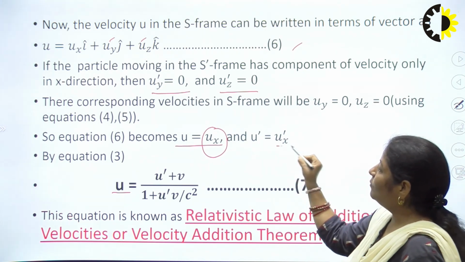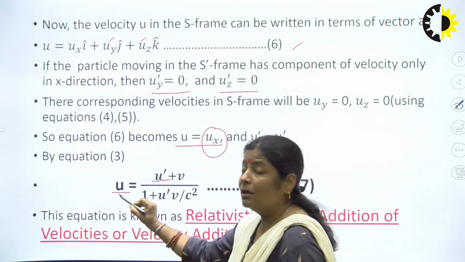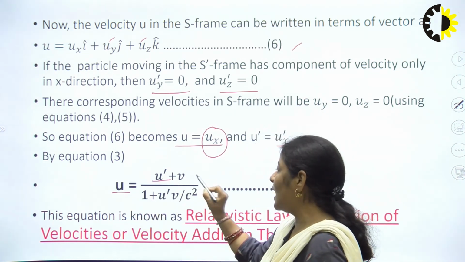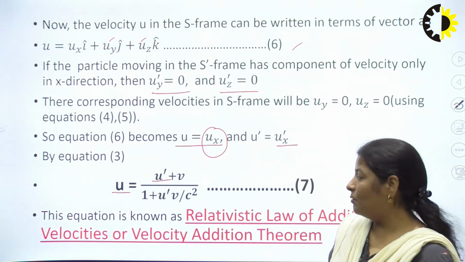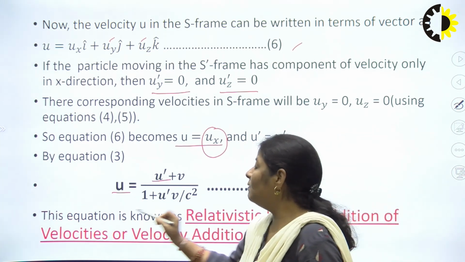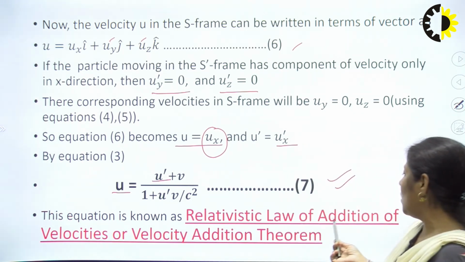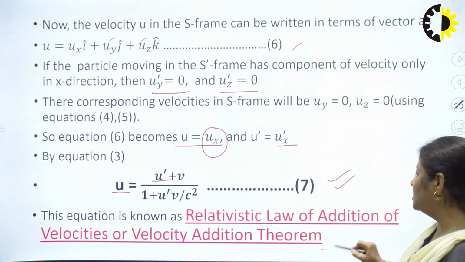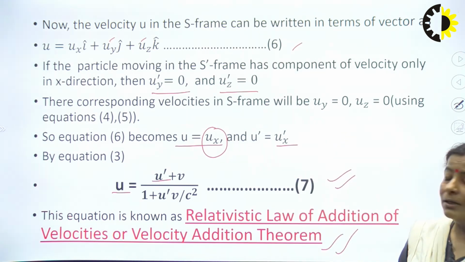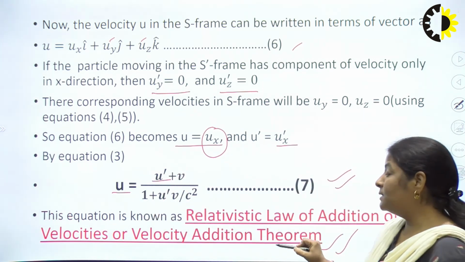In place of ux dash, we had u dash. So u equals u dash plus v upon 1 plus u dash v by c square. This equation is basically known as the relativistic law of addition of velocity, or the velocity addition theorem. This is the standard form of this theorem.